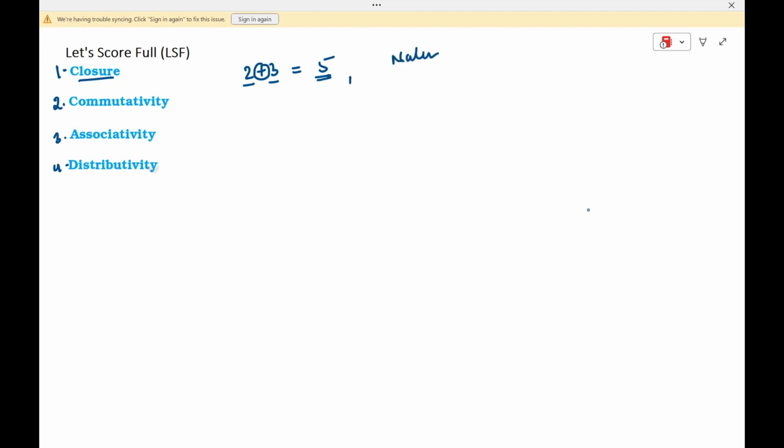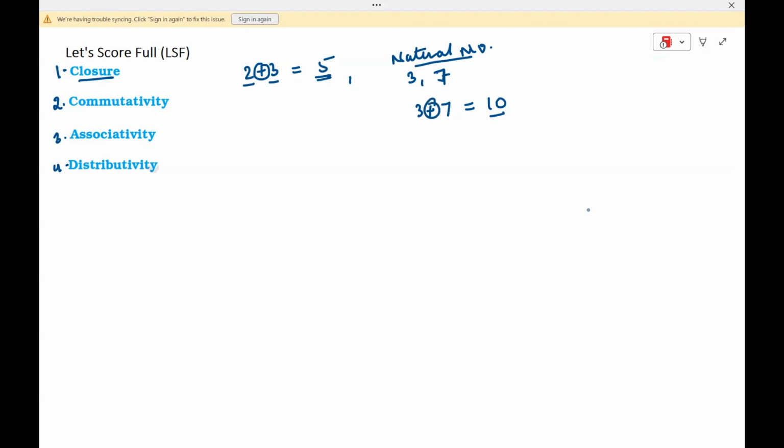Suppose I'm taking natural numbers. If I take two natural numbers, let them be 3 and 7. If I add them, what do I get? 3 plus 7 is 10. 10 is again a natural number. It means I will say natural numbers are closed under addition.